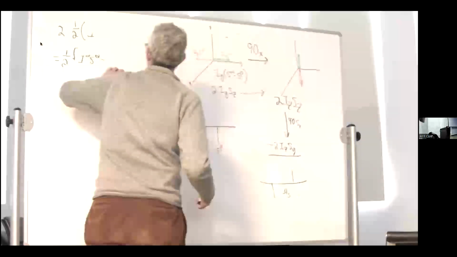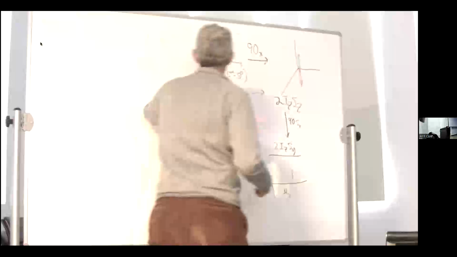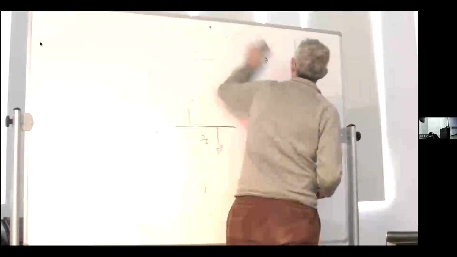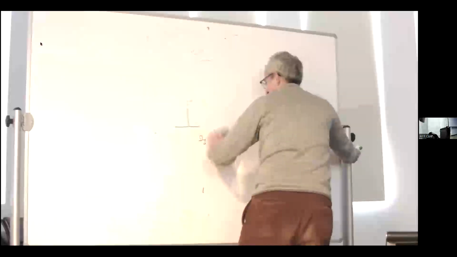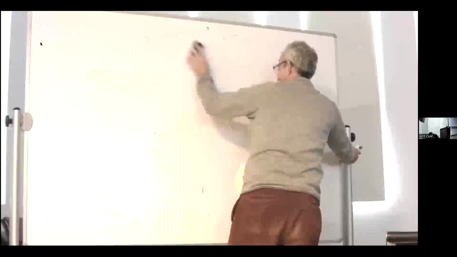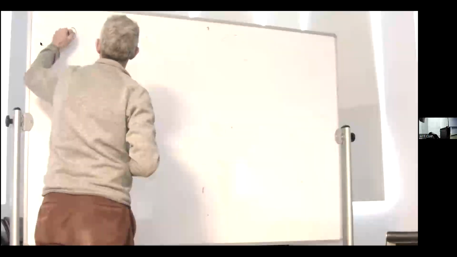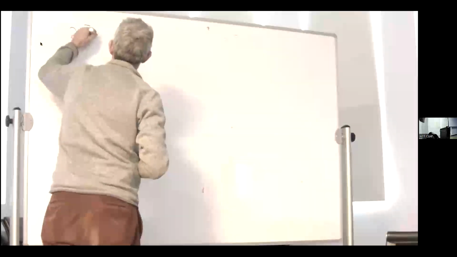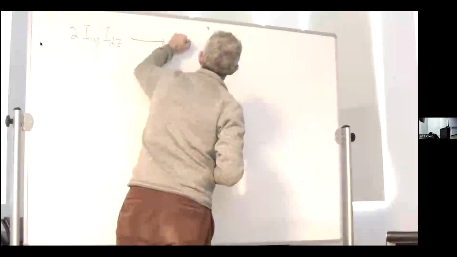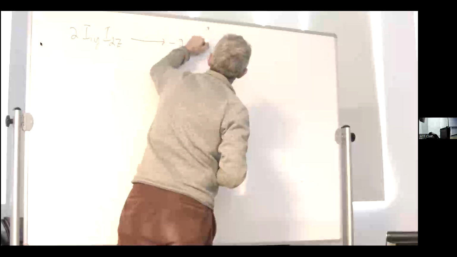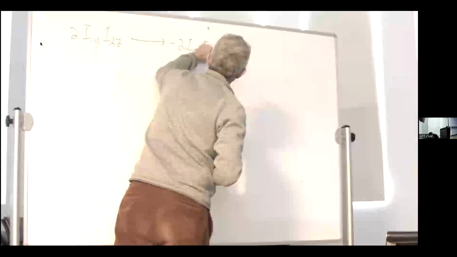This problem, by the way, is stolen from Christian Griesinger. What was number 2? 2I1Y, I2Z going to minus 2I1Z, I2Y.